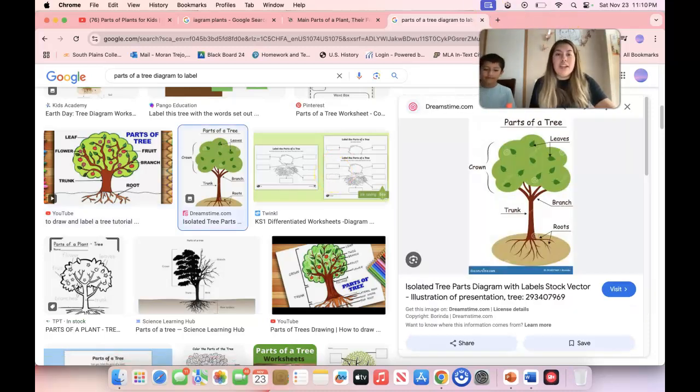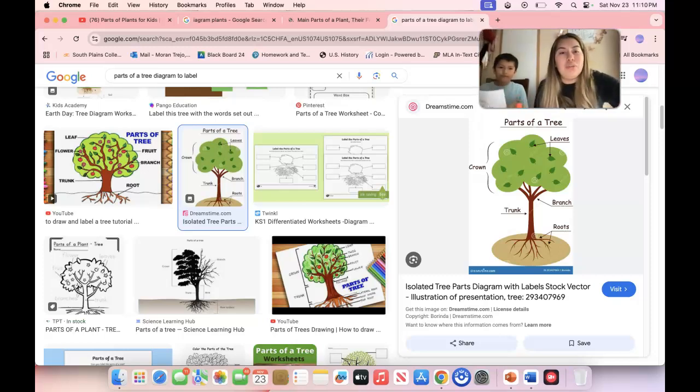Are you done with your activity, George? Can I see? And can you show us what you have done? Wow. Okay. Can you explain and show me what you've labeled? Here, I could hold it for you if you want me to.